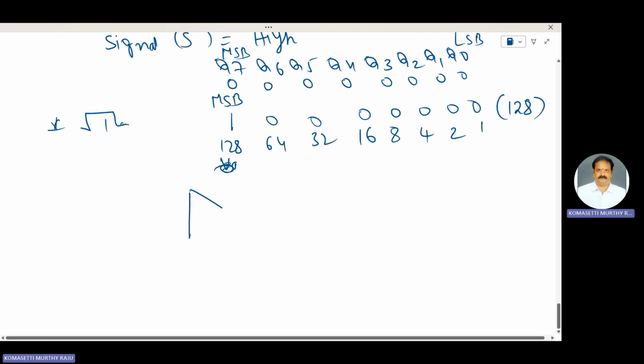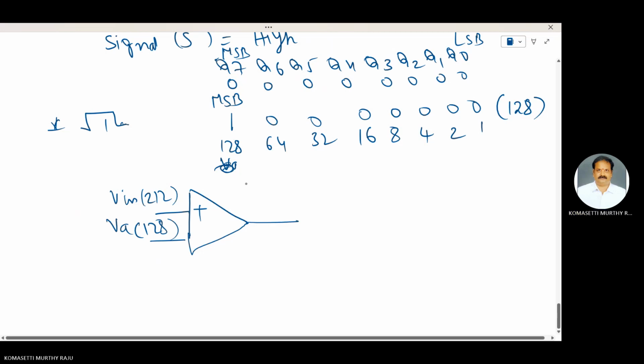The comparator compares. Vin is 212 and VA is 128. That means Vin is greater than VA.